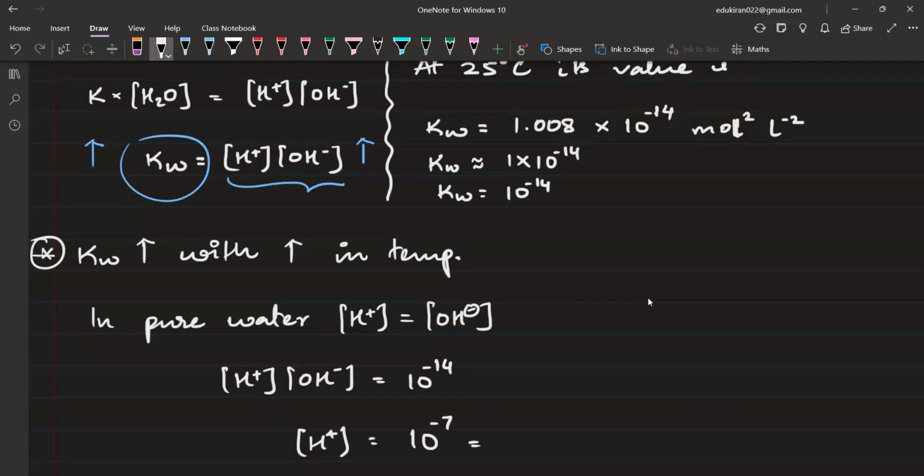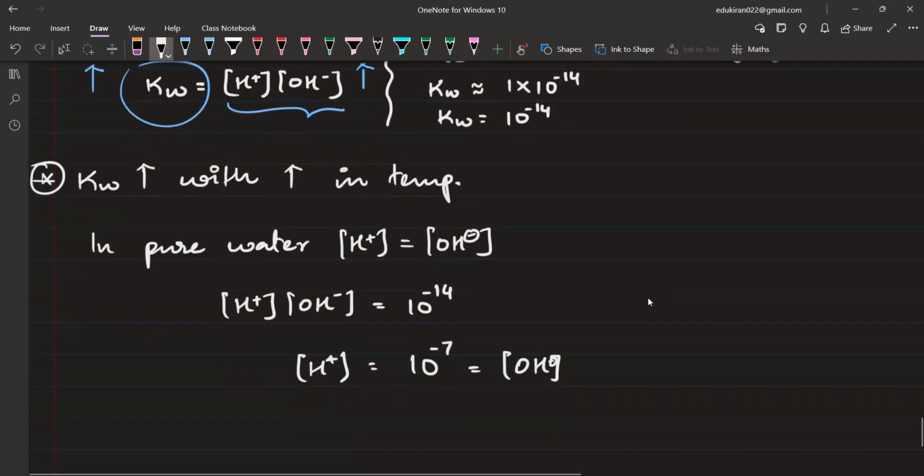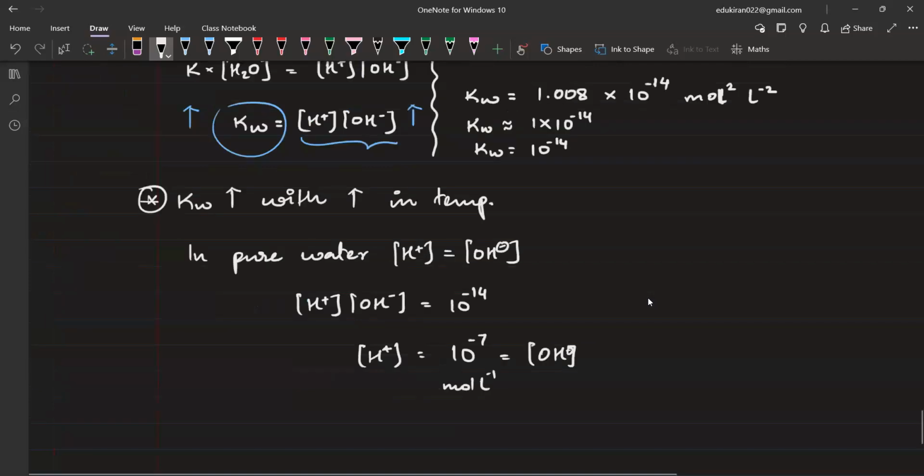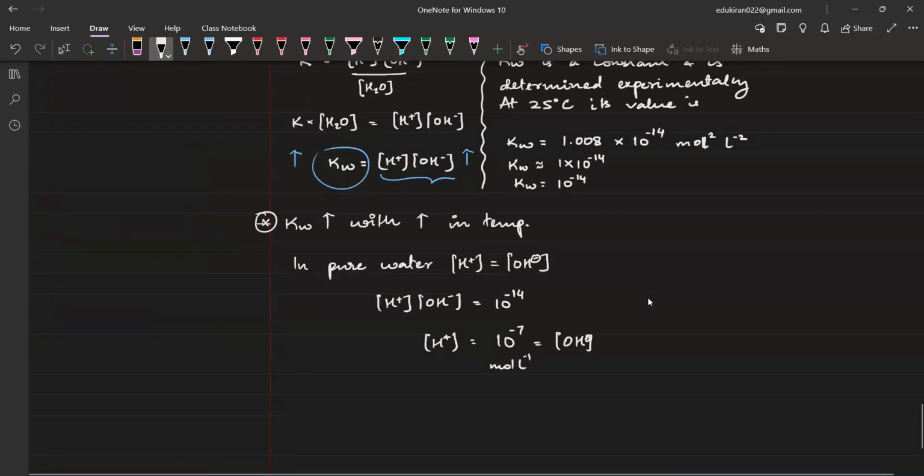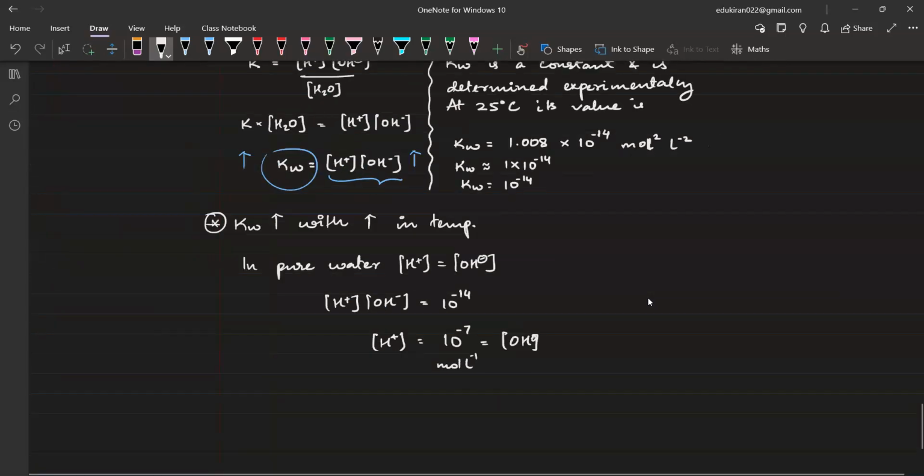And which will also be the concentration of OH negative, because when you multiply 10 to the power minus 7 into 10 to the power minus 7, you will get 10 to the power minus 14. Make sense? Yes or no, please tell me. Yes, sir. And the unit will be 10 to the power minus 7 moles per liter. So please copy this down.